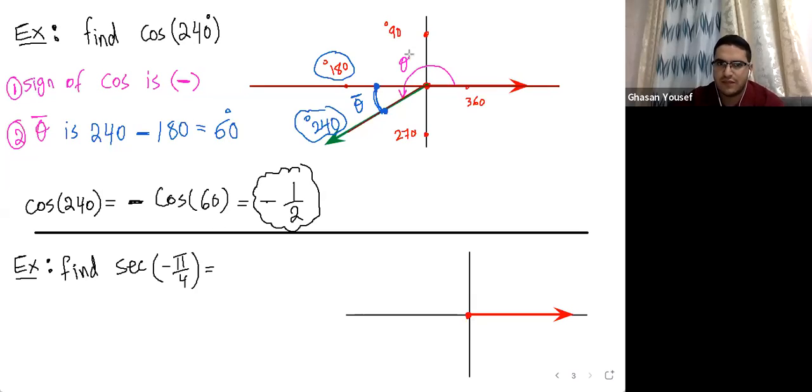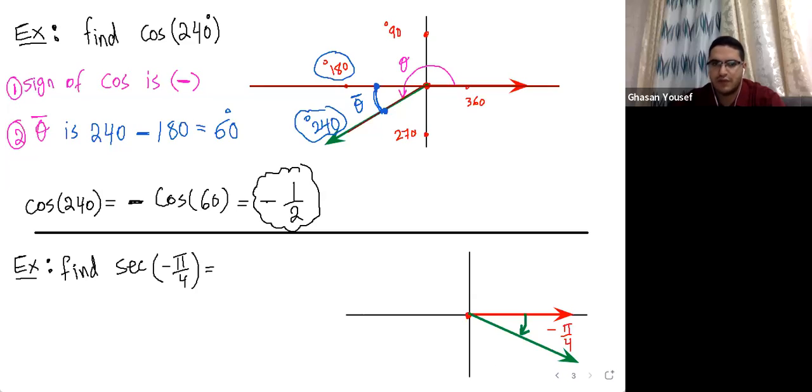The positive angle is counterclockwise, moving opposite to the clock. But here the angle is negative, which means we have to rotate clockwise like this. So this is my terminal side. This is the angle here, minus pi over 4.